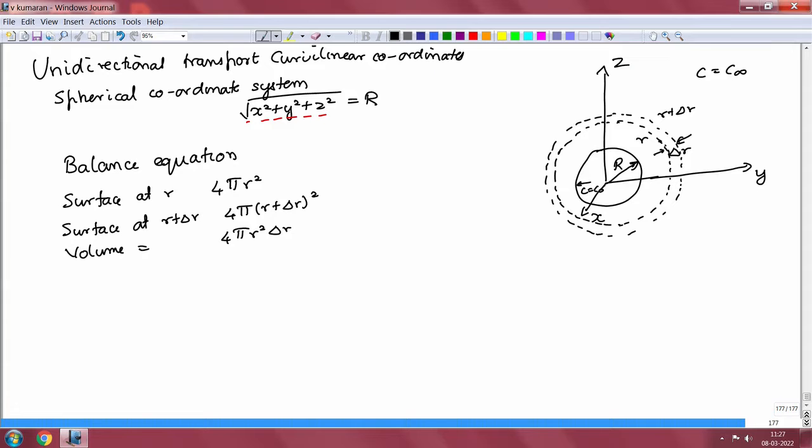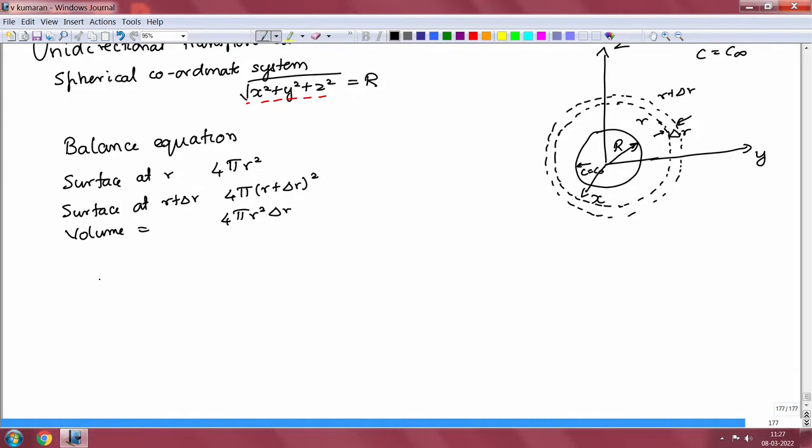So, we would do this the same way as we did for the cylindrical coordinate system. The balance condition is that the change in mass in time delta t within this differential volume is going to be equal to the mass at time t plus delta t minus the mass at time t.